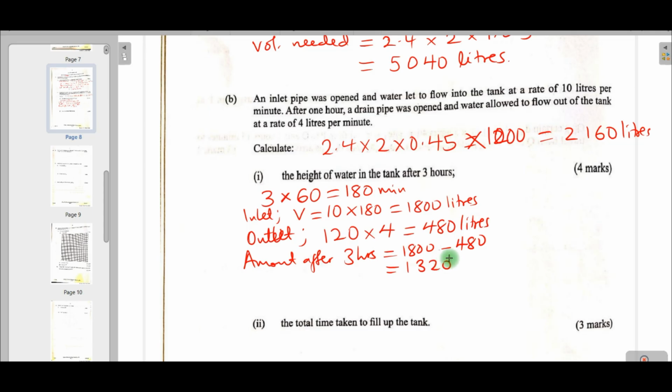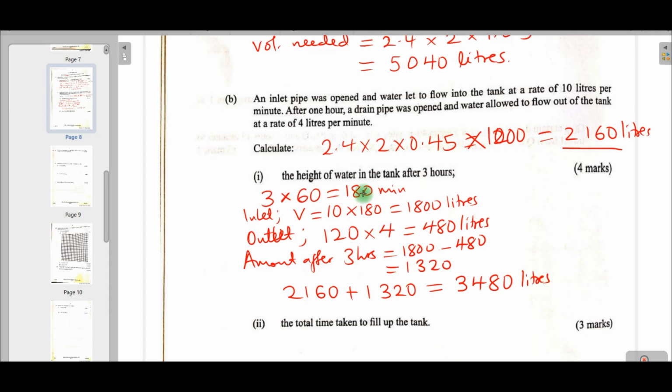But remember that initially there was some water in the tank, which was 2,160, and therefore the total volume after 3 hours was 2,160 plus 1,320, and therefore we get 3,480 liters.